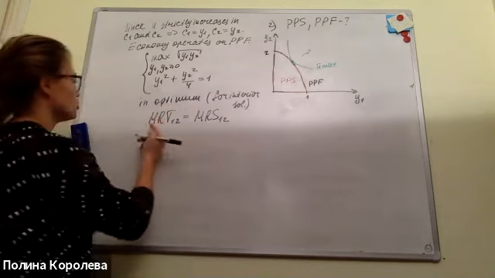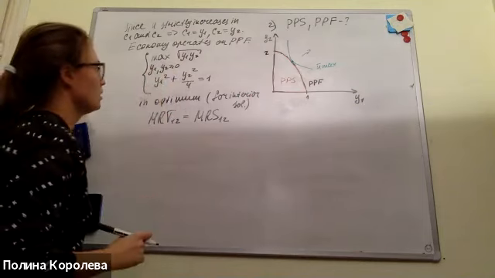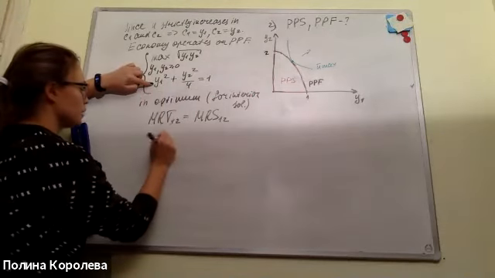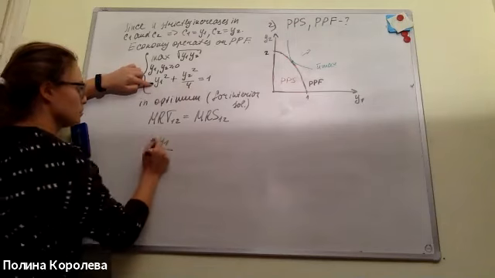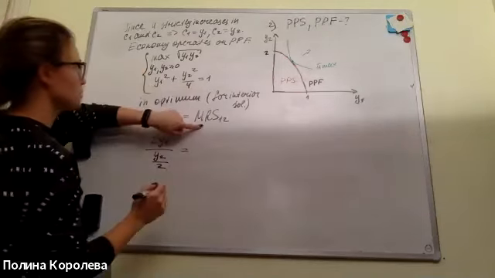The marginal rate of transformation is the first derivative: 2y1 divided by y2 over 2 should be equal to the marginal rate of substitution.